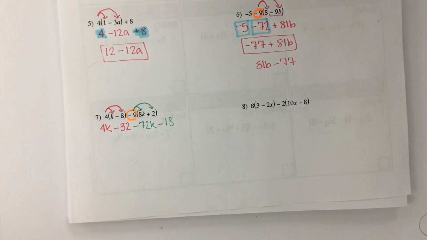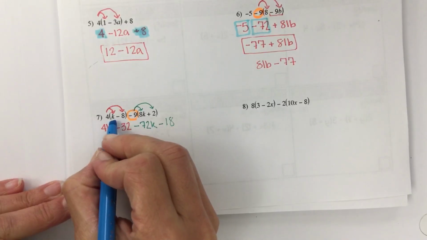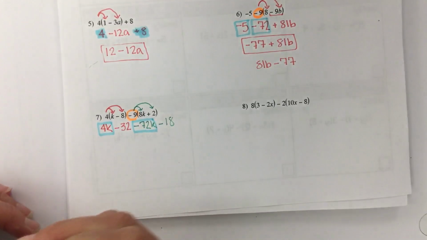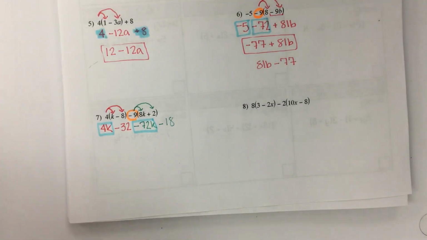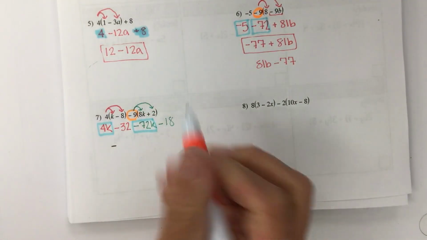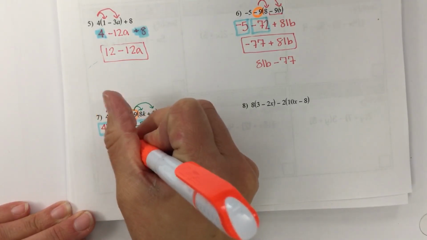And then we've got to find those like terms. So the first set of like terms are my k's. I have a positive 4 and a negative 72. So that is going to leave me with a negative because it's bigger. And if I do that subtraction, 72 minus 4 gives me 68k.